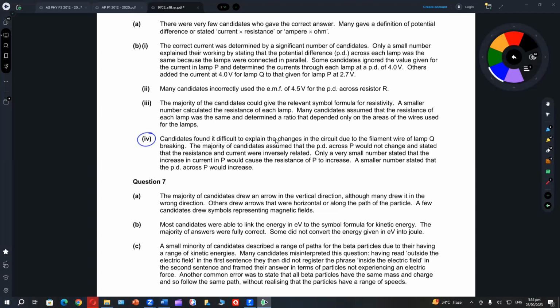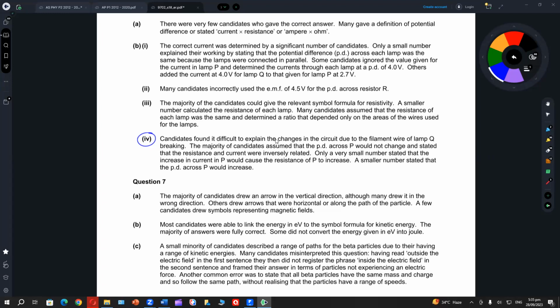Only a very small number stated that the increase in current in P would cause the resistance of P to increase.